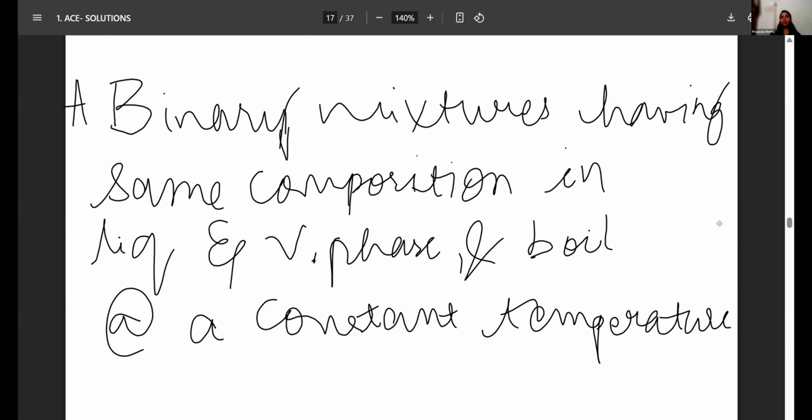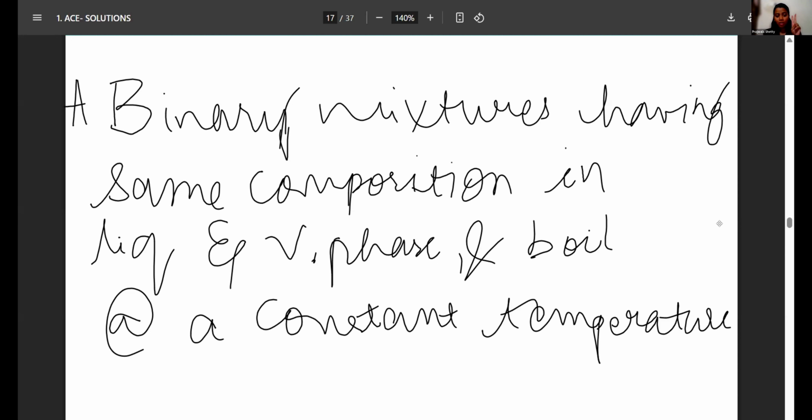Again, remember some liquids on mixing will form azeotropes. As I told you, it is a binary mixture.